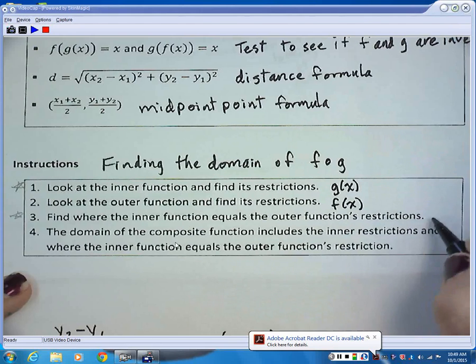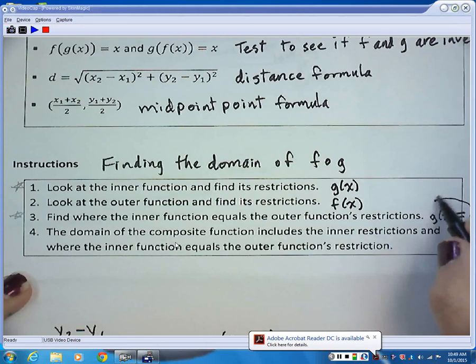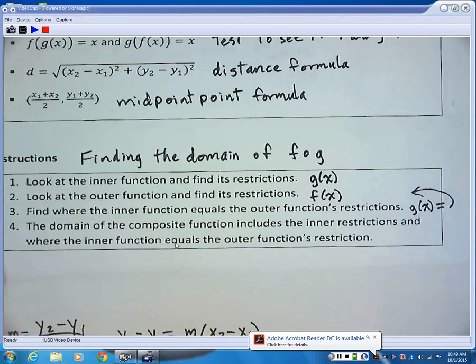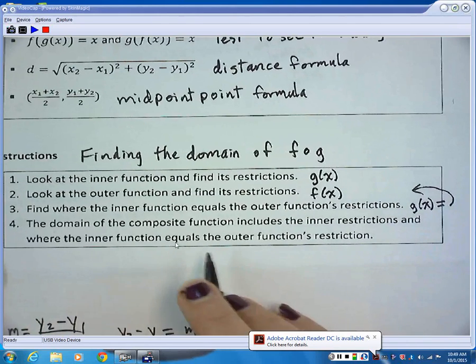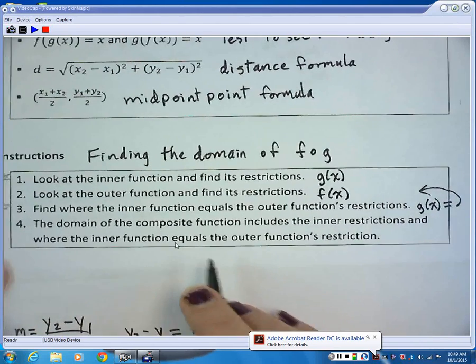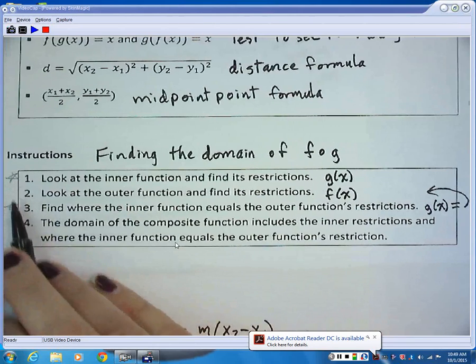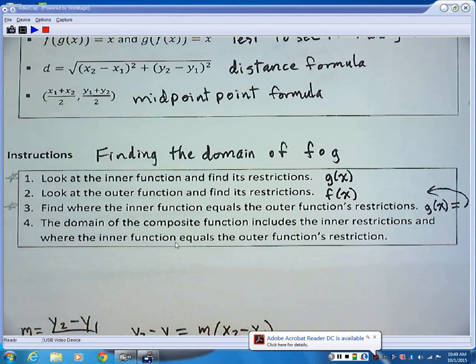And then you set g of x equal to the restrictions above, equal to step 2. And then the domain is found from steps 1 and 3. So if I give you an f of x and a g of x and ask for the domain of f composite g, to get full credit you have to follow these steps.